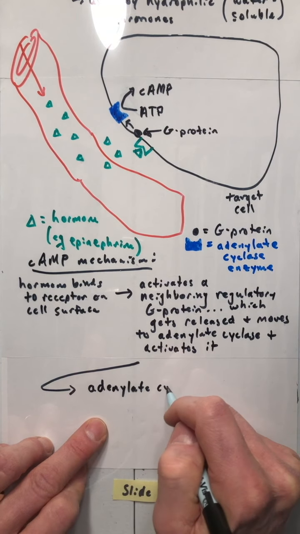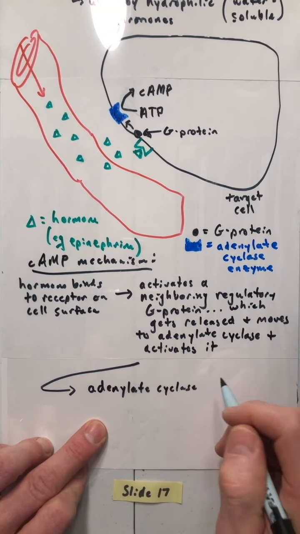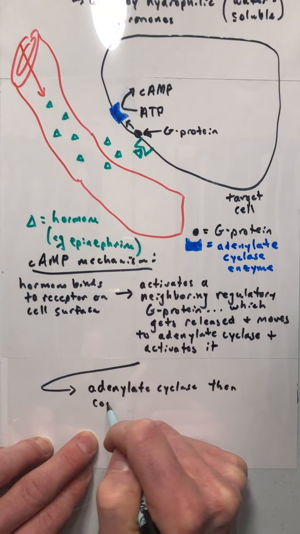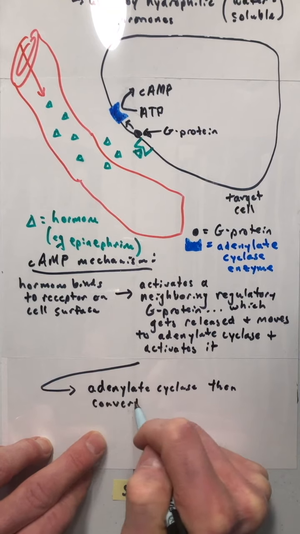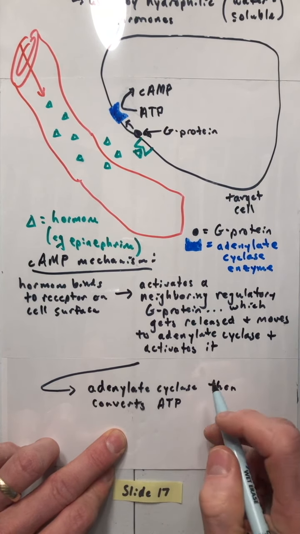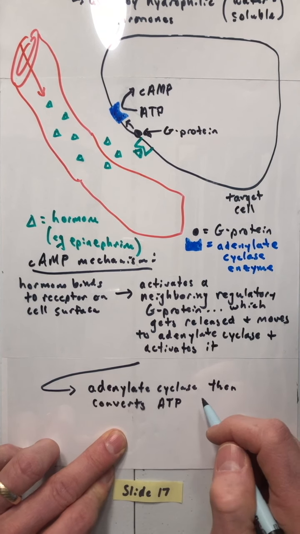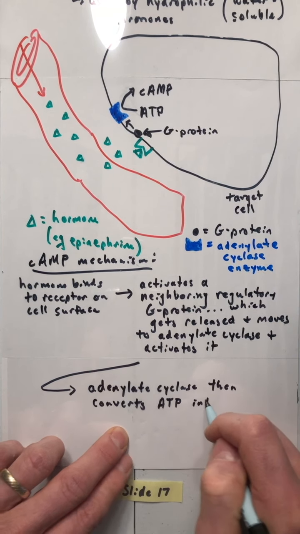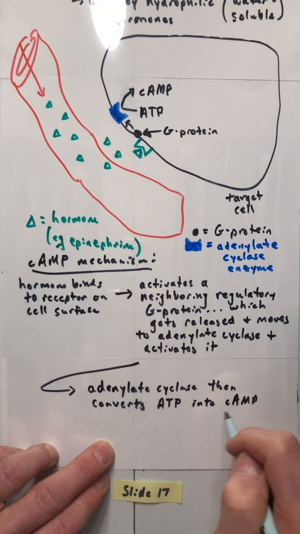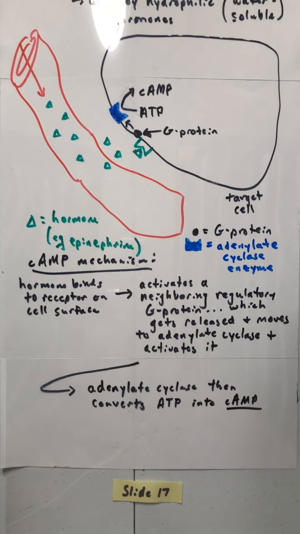So adenylate cyclase, once activated, then converts ATP, adenosine triphosphate, into cyclic AMP, cyclic adenosine monophosphate. And it's that cyclic AMP which is the second messenger in all of this.